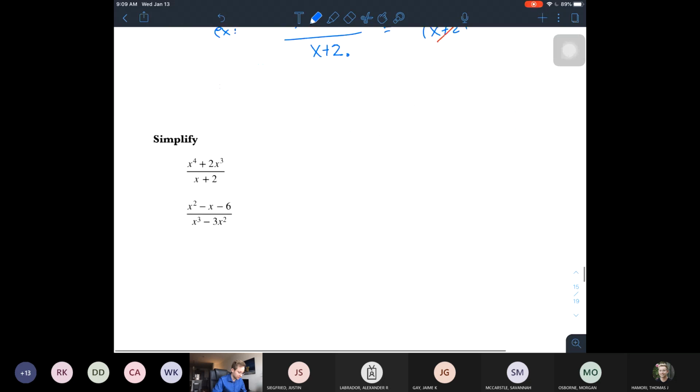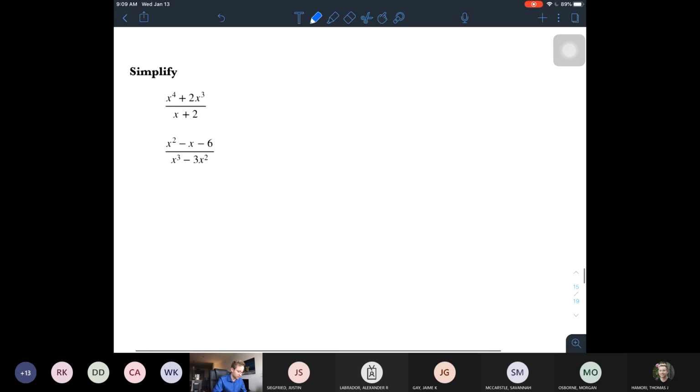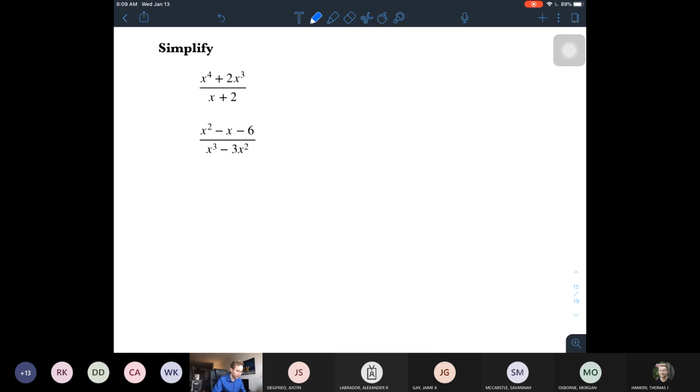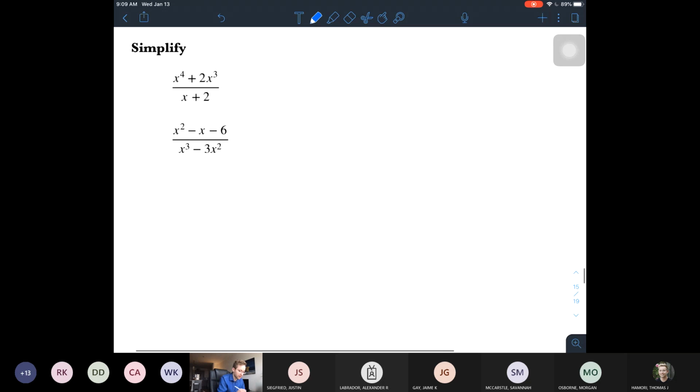So let's try a couple examples. I'll do this first one, and then we'll try the second one on our own. And I'll have us hold our answers until everybody's had a chance to try it. So let's try the first one first. We can take a common factor of x cubed out of the top, and then we'll have left x plus 2.